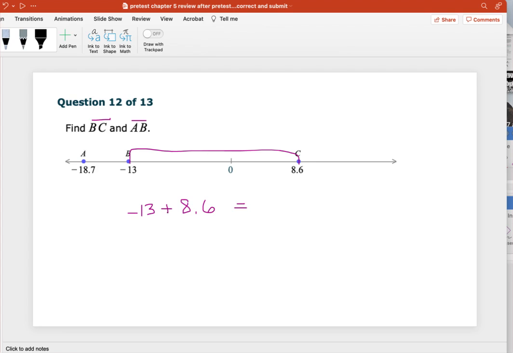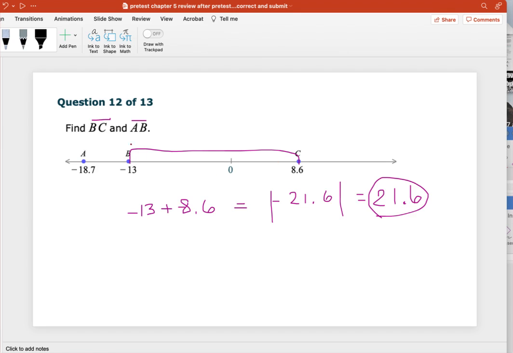That's the same as plus and minus. So I'm adding like signs, which means I'm going to get negative 21.6. But since it's a distance, we're going to take the absolute value, which is 21.6. Okay, we don't worry about pluses and minuses when we're dealing with distance away. Okay, it's 21.6 steps from B to C.